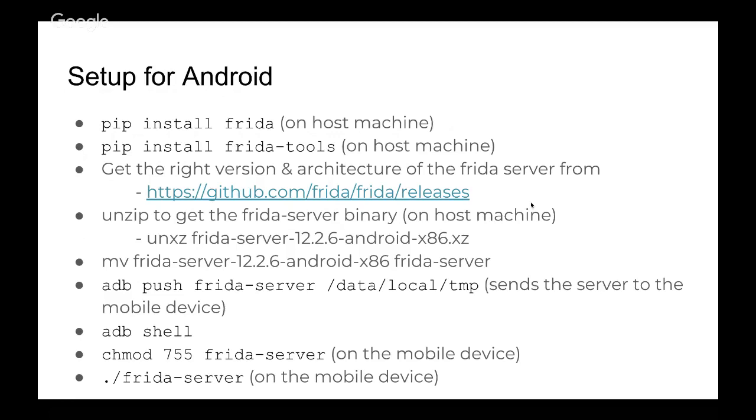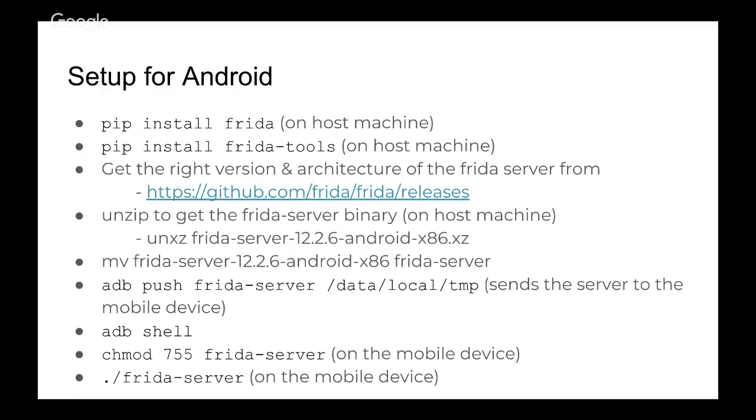While you try doing this, make sure of one fact, which is where we, at least Chandrapal and I, went wrong multiple times. Make sure that you have the right matching versions of the Frida library that you're installing on your host, and of the server that you're going to place on your mobile device, right?